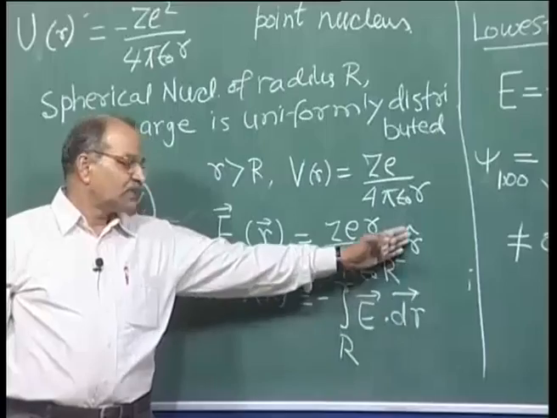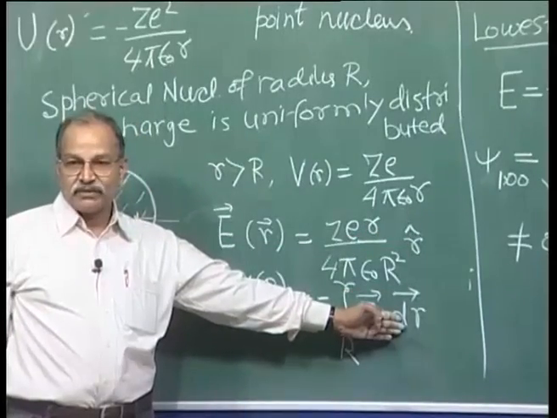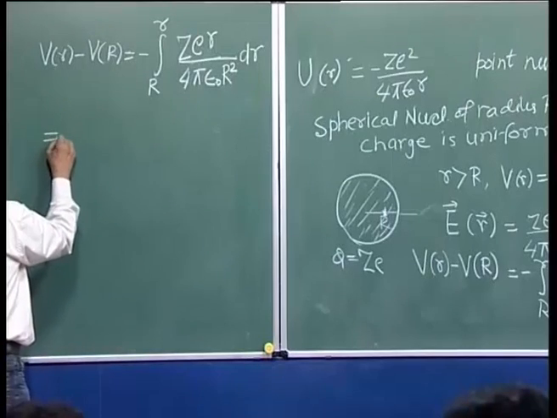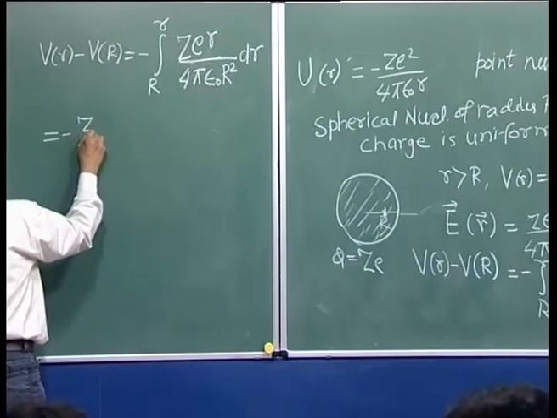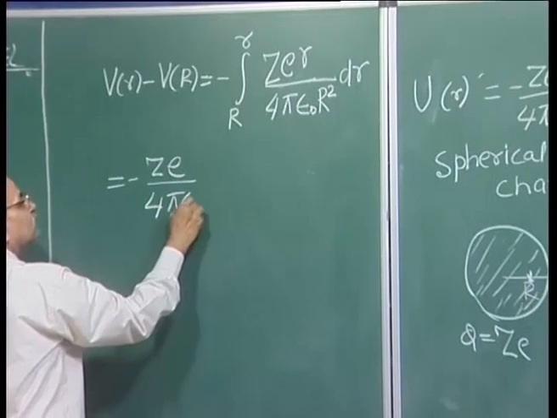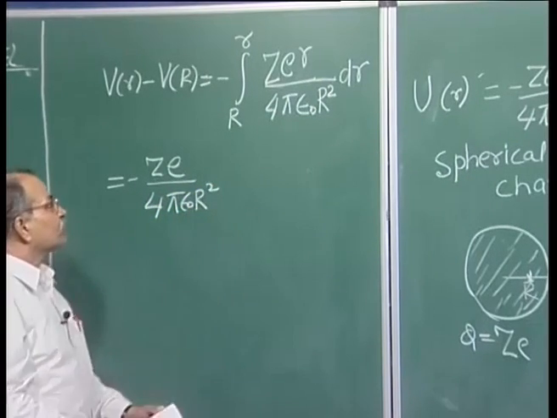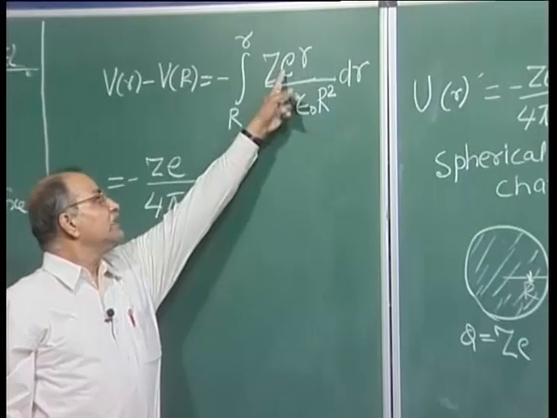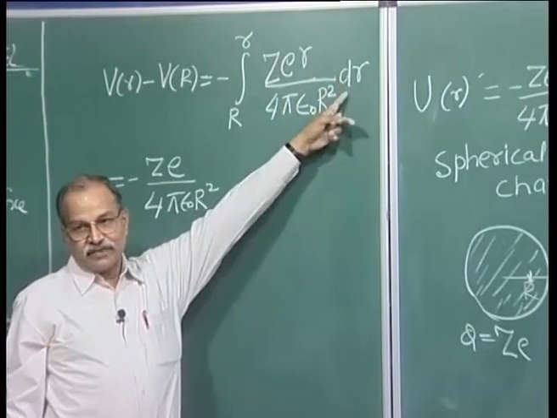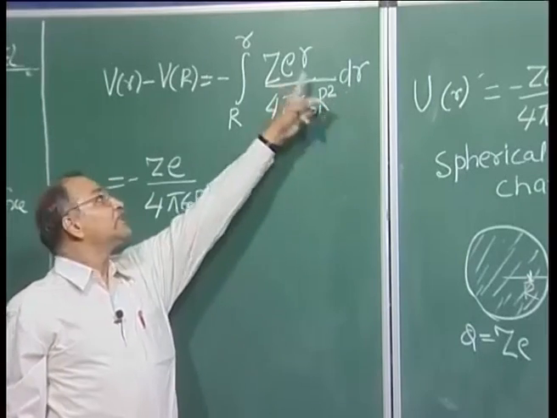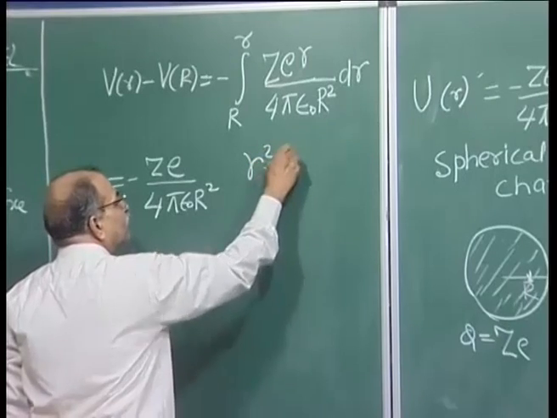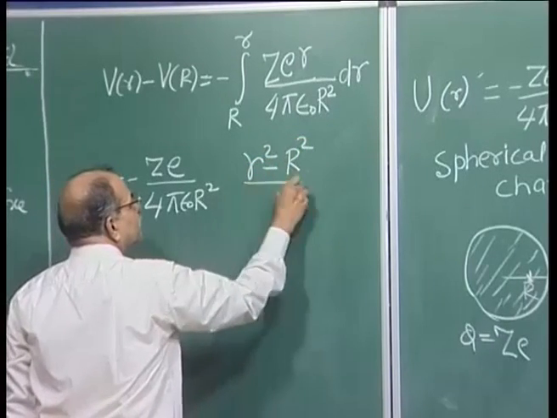So, dot product of this r cap with that r cap will be 1 and it is this dr. So, integrate. This is equal to minus Ze over 4 pi epsilon naught R square, r dr, which is r square by 2 and then put the limits. So, it is r square minus capital R square by 2.